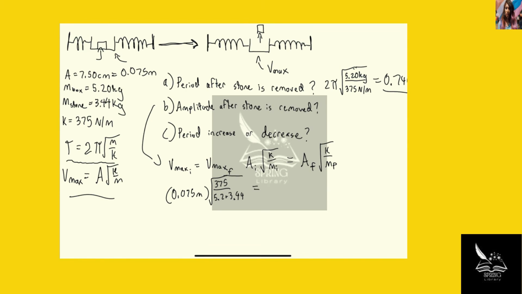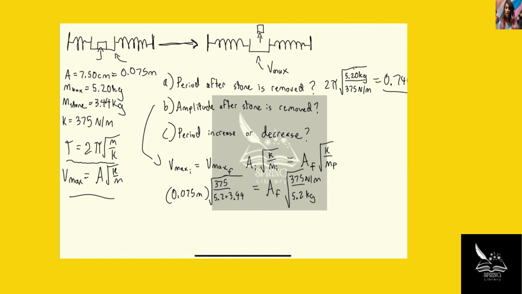And this is going to be equal to the final velocity after we remove the stone. So the final amplitude, which is what we're trying to calculate, times the square root of the spring constant, 375, divided by the final mass, the mass of just the box, which is 5.2 kilograms.